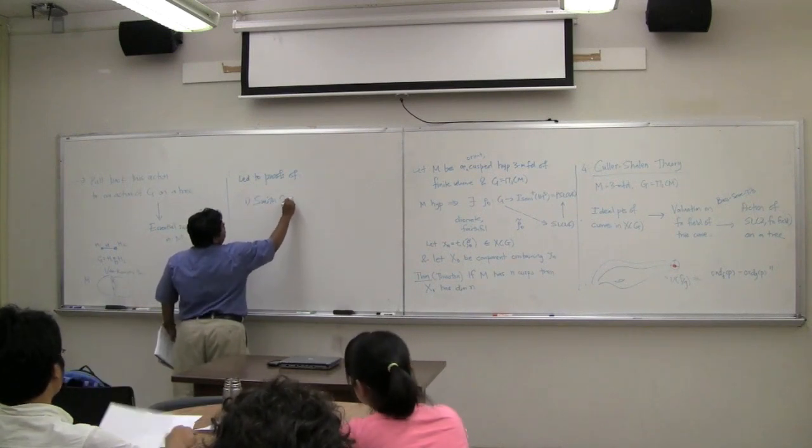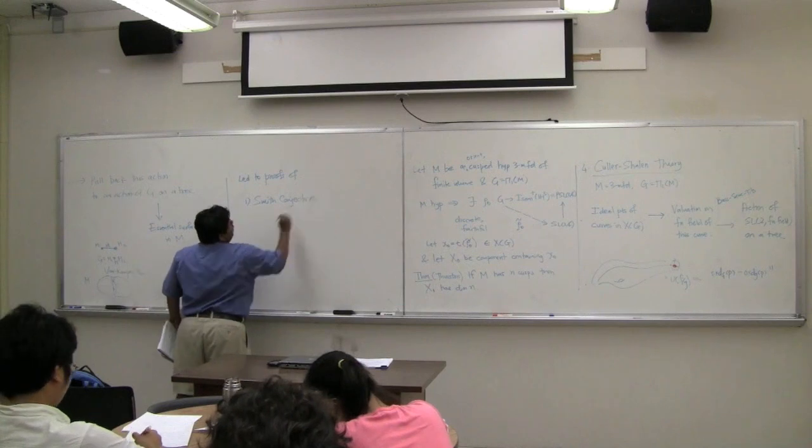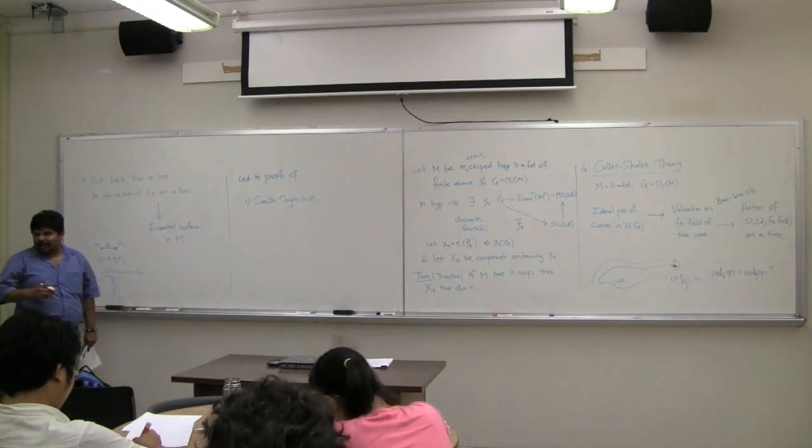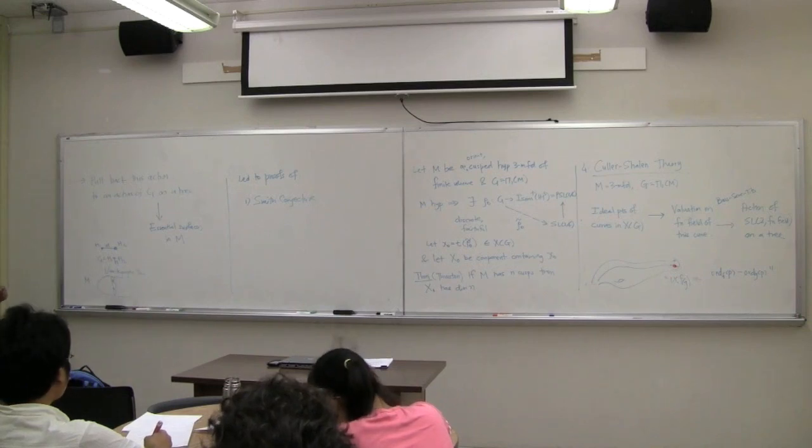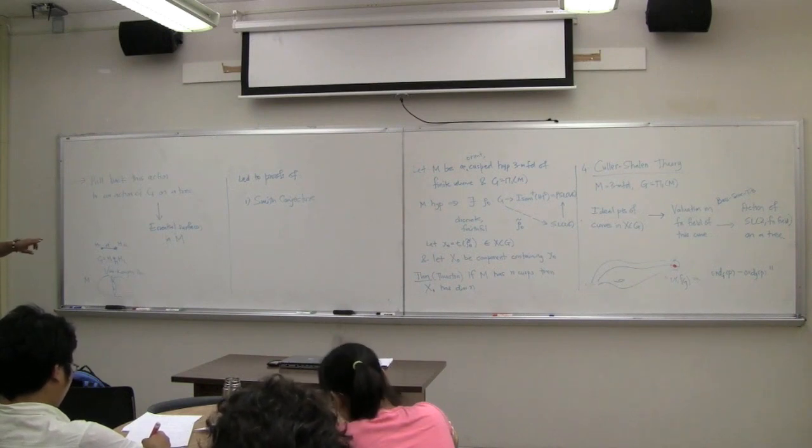Actually, the proof of the Smith conjecture started from this basic idea, and there's a very nice book written by Morgan and Hyman Bass on the Smith conjecture, and it started from an observation of Hyman Bass.